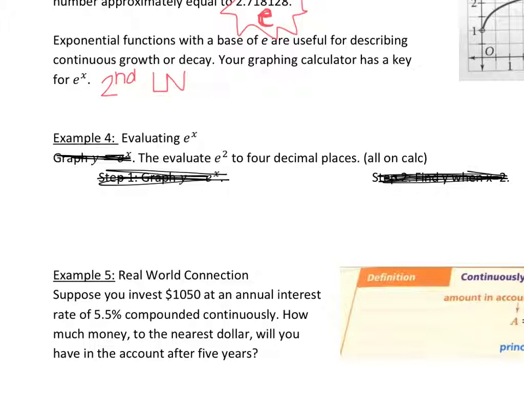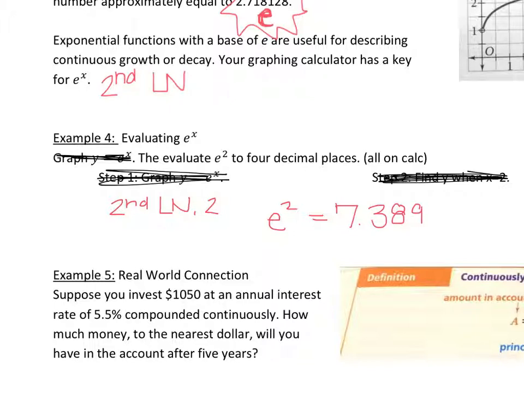Okay, so we're supposed to figure out what E squared is to 4 decimal places. So you need to press second ln and then put in a 2. So it should say E squared, and then what does that equal? 7.389.